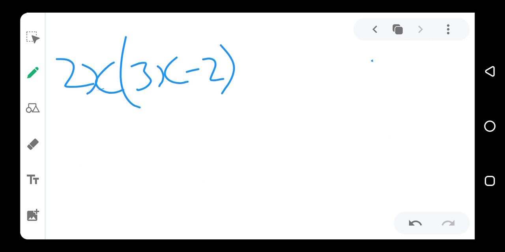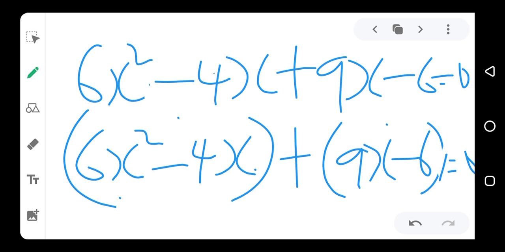Now plus, what is the common factor between 9x and 6? Anything that will be the common factor, if we multiply out, it will still give us this minus 6. So we have, let's say 3. 3 is the common factor here.